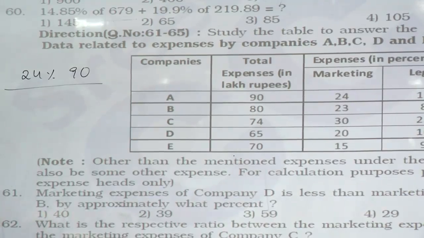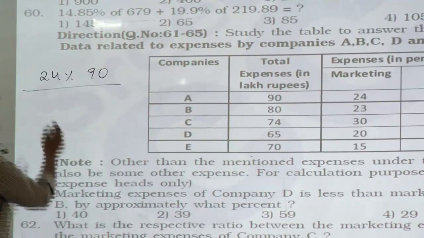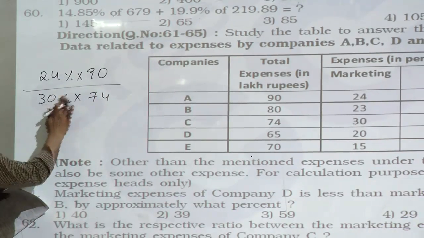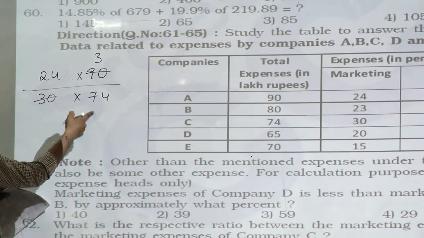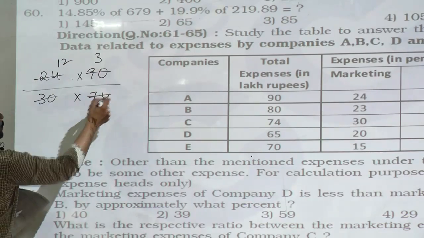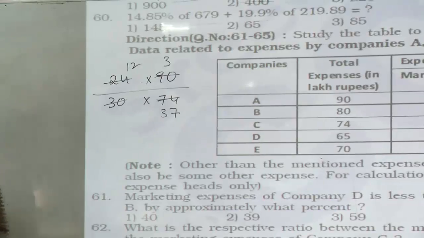Don't go for conversion. And for company C it is 30% of 74. Percentage cancel. 30 how many times? 3 times. Both are even numbers, right? 2 12 times. 2 37 times. 36 by 37. First option answer.